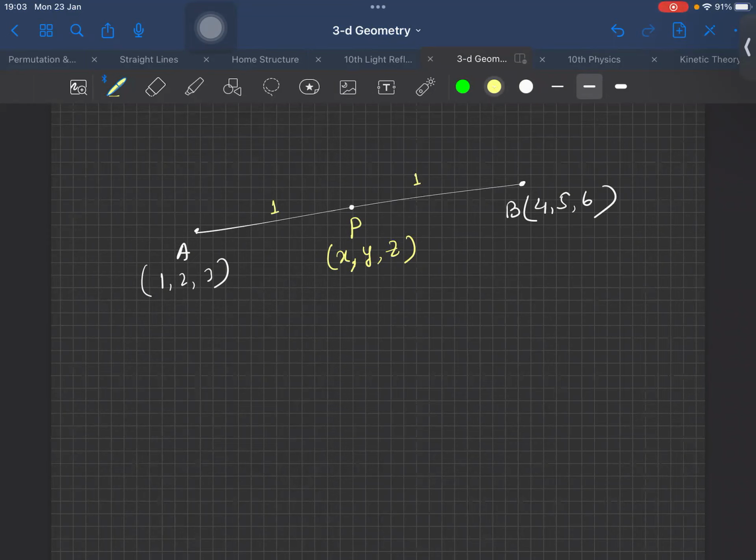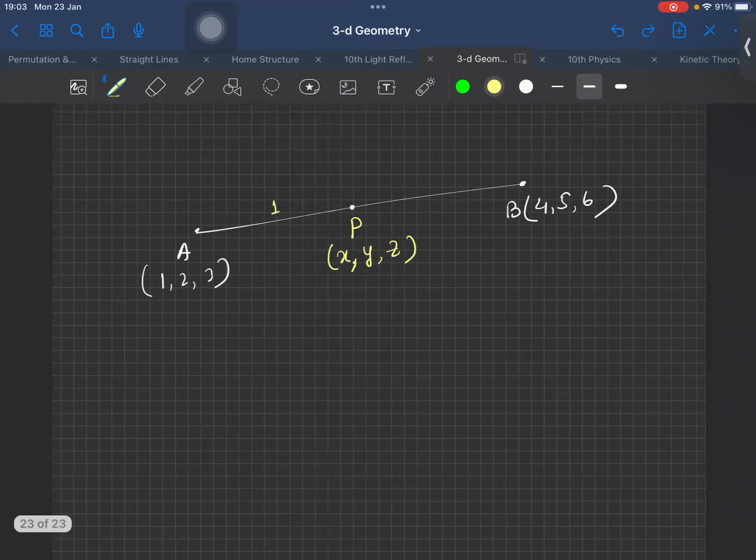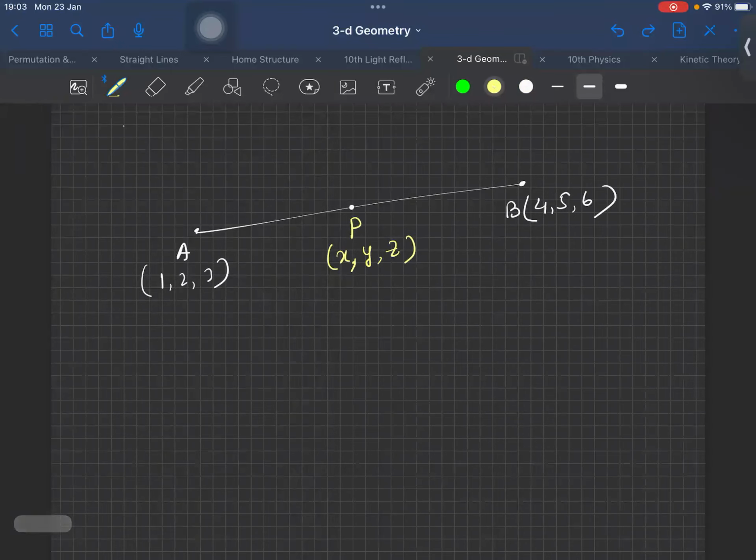That is the midpoint. Or the question can be like, P is the midpoint of AB. Solve this problem.